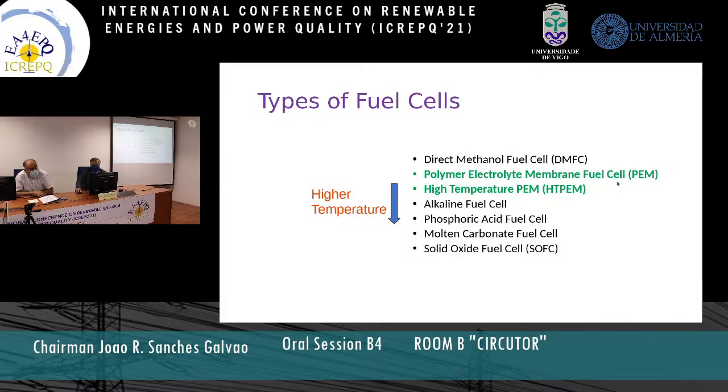So there's a low temperature PEM which operates under 100 C. Therefore, the water comes out as a liquid, and HT-PEM means high temperature proton exchange membrane, where we go above 100 C and water will come out as steam. And then we have alkaline fuel cells, phosphoric acid fuel cells, molten carbonate, and solid oxide fuel cells, which operate at very high temperatures in the vicinity of 1,000 degrees Celsius.